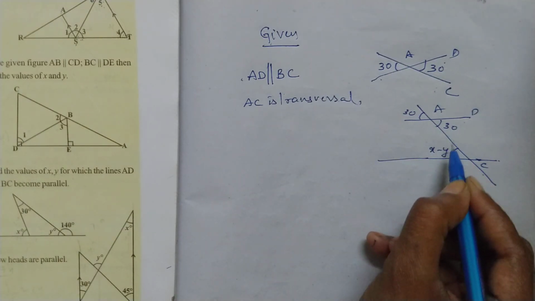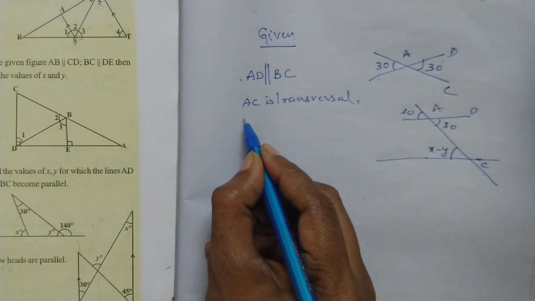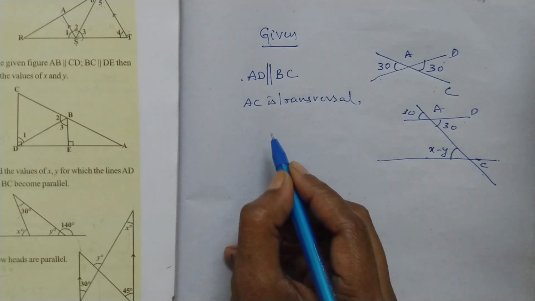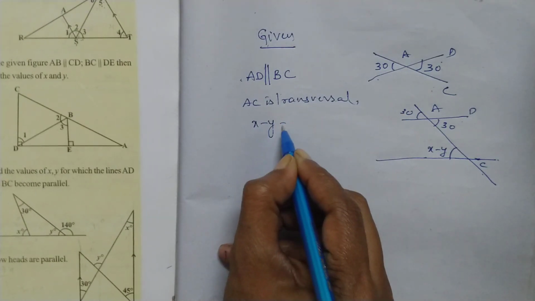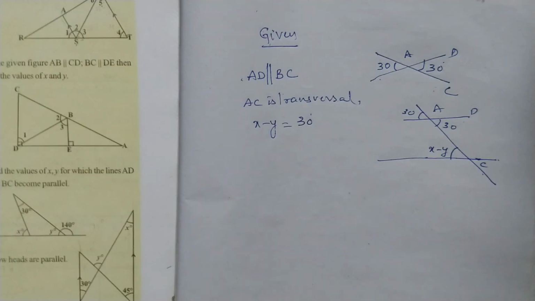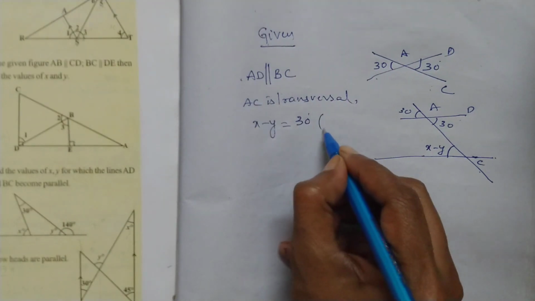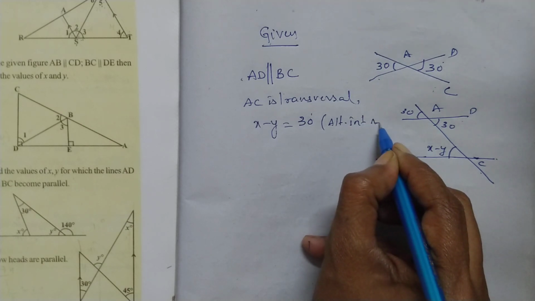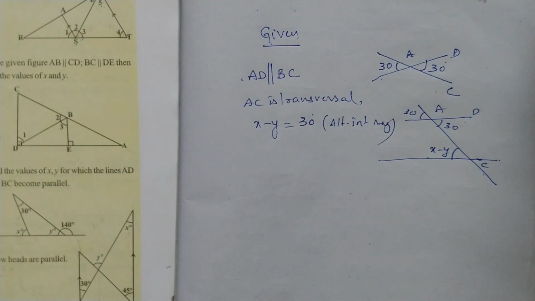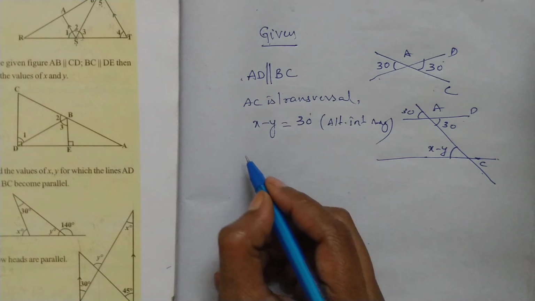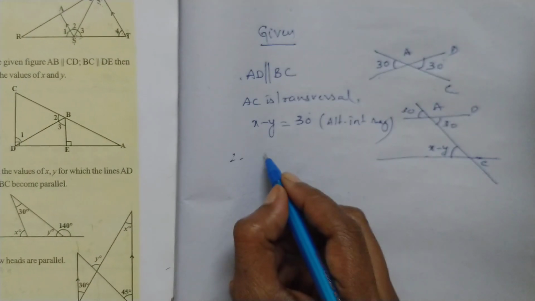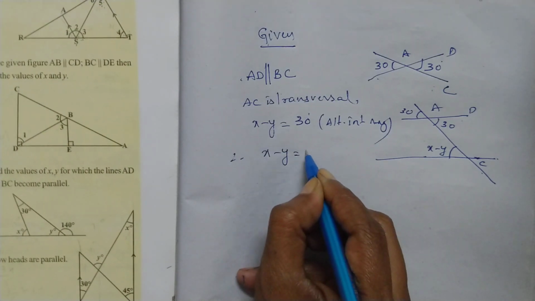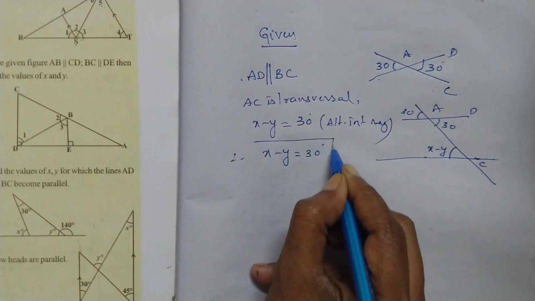That's why angle x minus y is equal to 30 degrees, because alternate interior angles are equal. Let us take this as the first equation: x minus y is equal to 30 degrees.